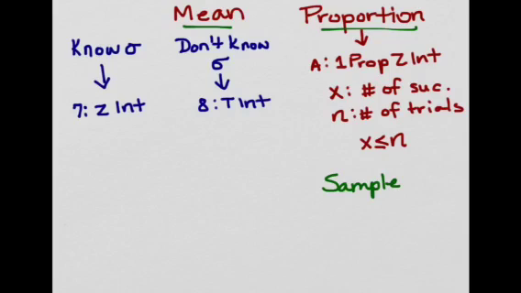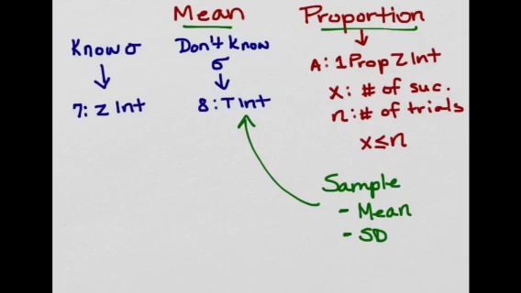And you're going to be given the sample mean if it's a problem about a mean. And if we don't know sigma, they'll tell you the sample standard deviation. So we have the sample mean and the sample standard deviation. If we have those two things, then we definitely want to use t-interval.